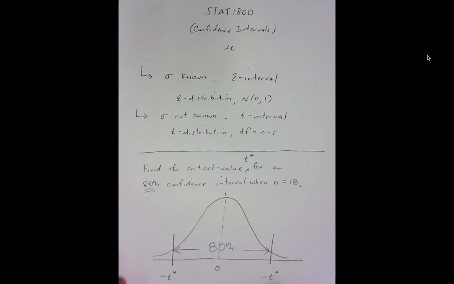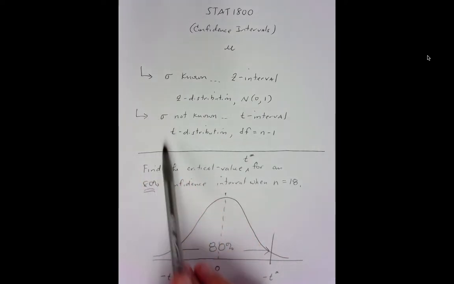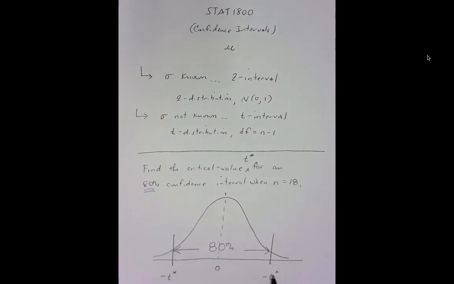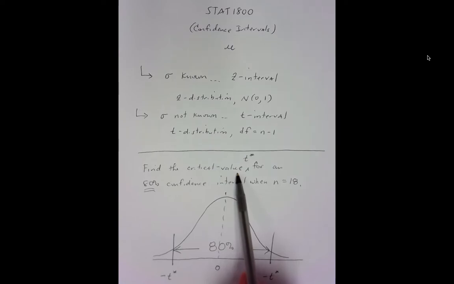Typically, it's a given that when you say find the critical value, you notice that you've got two of them, a negative and a positive. But when you find the critical value, it's only wanting the positive value.